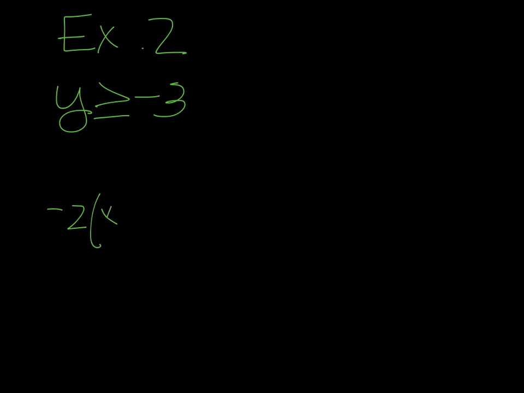Number 2. Let's solve y is greater than or equal to negative 3. And then the other one is going to be negative 2 times the quantity x minus y is less than 8.